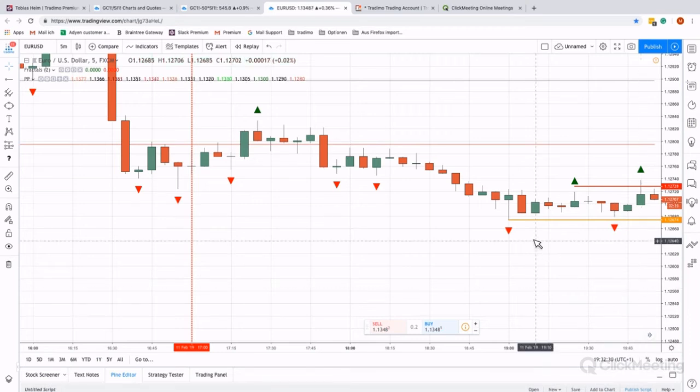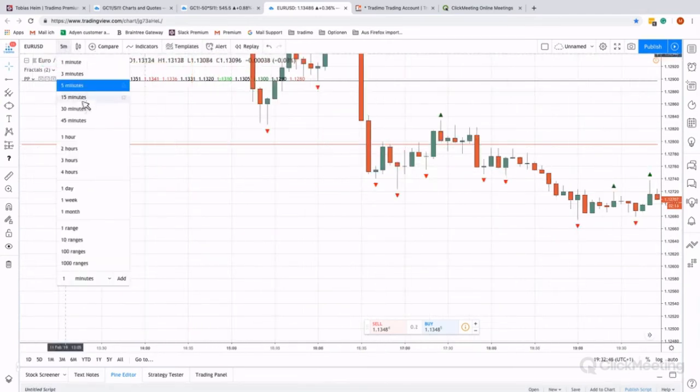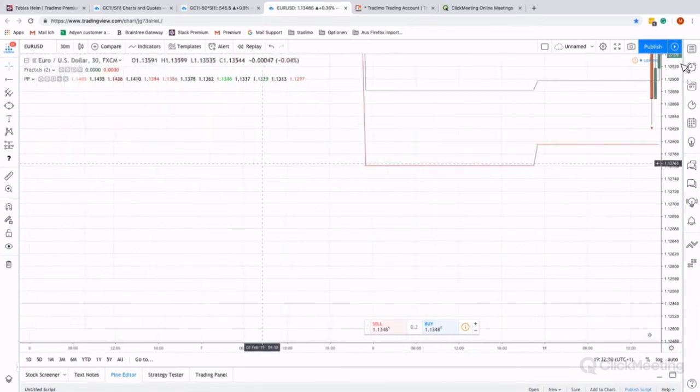Okay, so this is not the best example to show you, but maybe we can do another one, a last example together. Let's just remove all these lines here, then switch to M30, and then the last example we can do together.